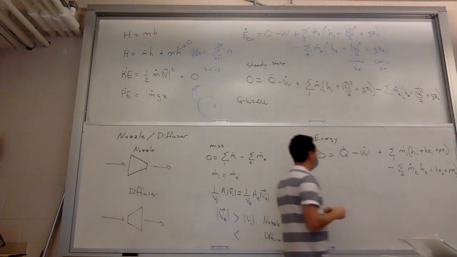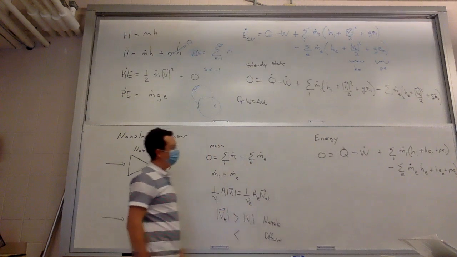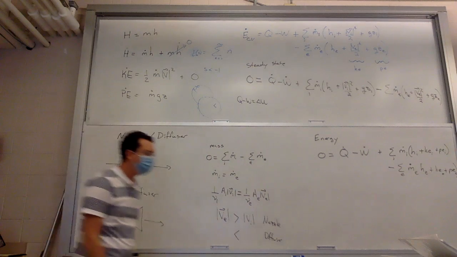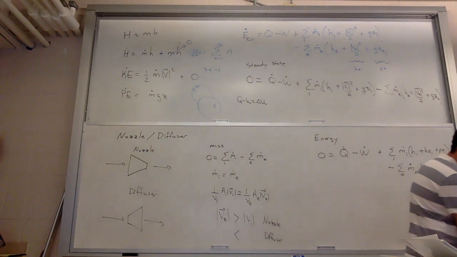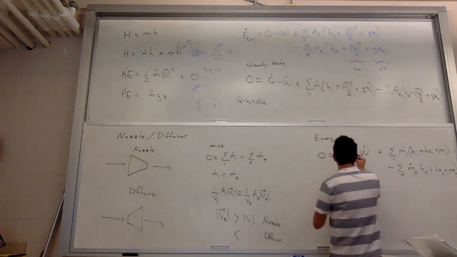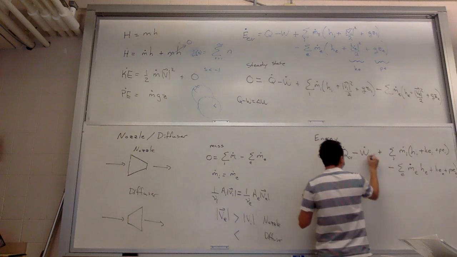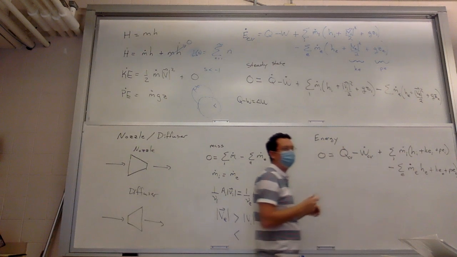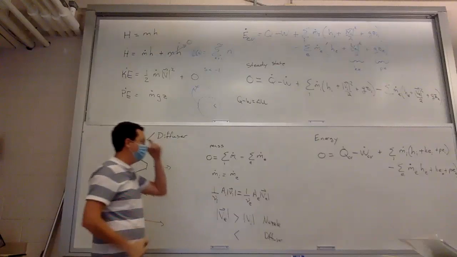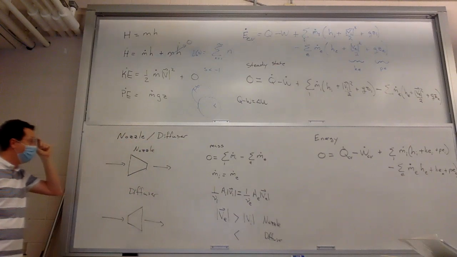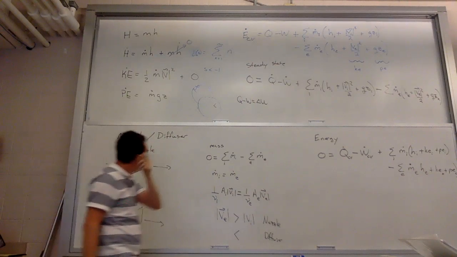Phew. Big old equation. Just a comment: your book puts a CV here for control volume. It's obvious. I never label it, but that's what it is. All right. Control volume.